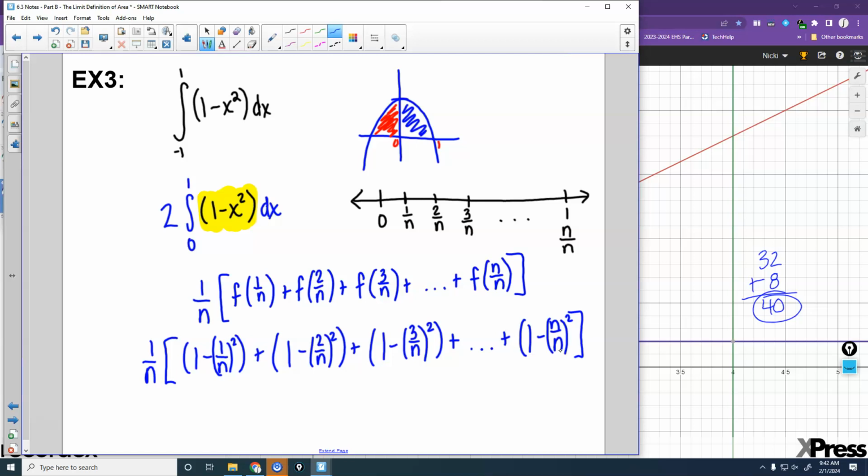So for this, you're going to write your sum. Then you need to turn it into summation notation.